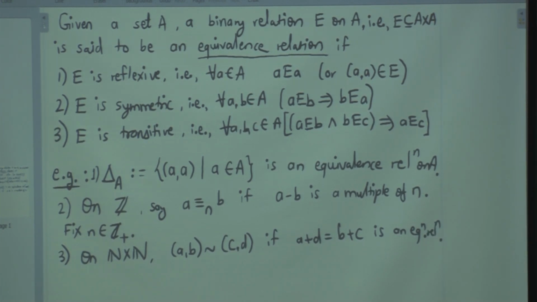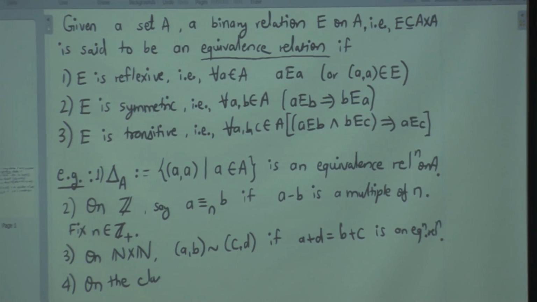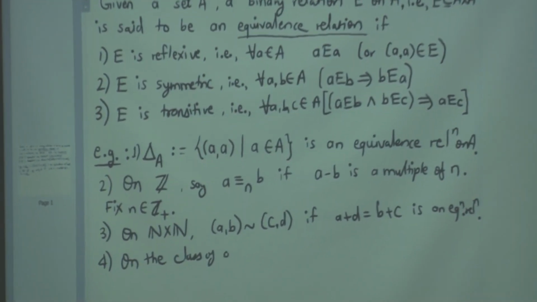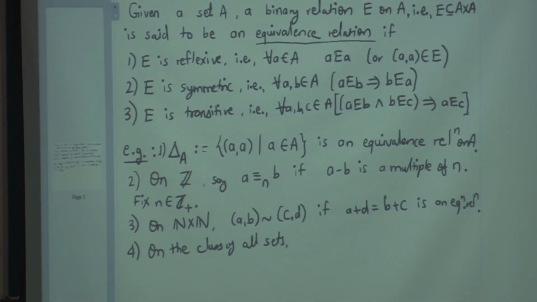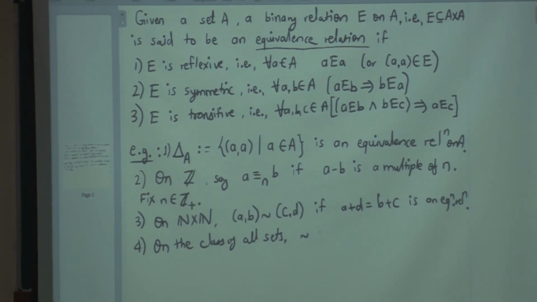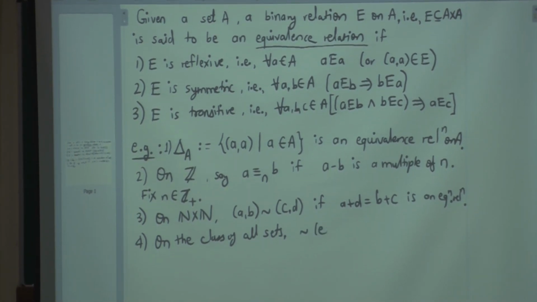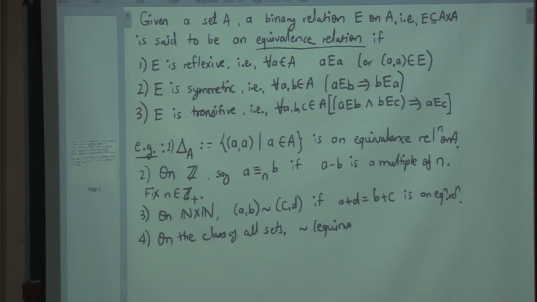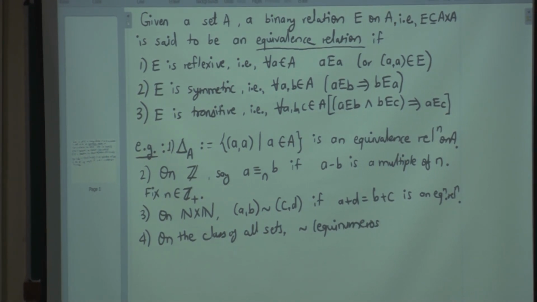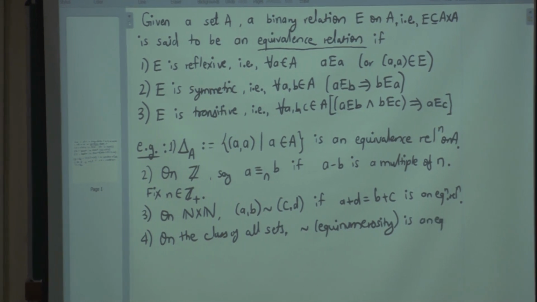This we have seen already. Then on the class of all sets, tilde, equinumerosity, is an equivalence relation.